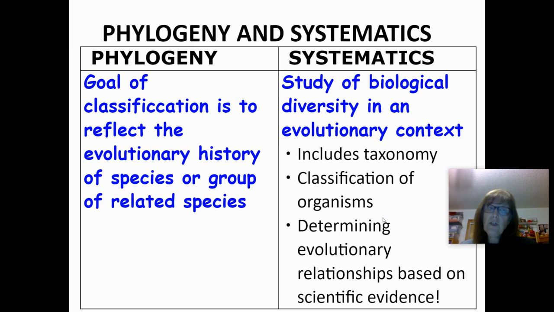And with those phylogenetic trees, we are looking at how they relate in terms of evolutionary history. Systematics is the study of biological diversity in an evolutionary context, which includes taxonomy, which includes the classification of organisms and determining those evolutionary relationships based upon scientific evidence.